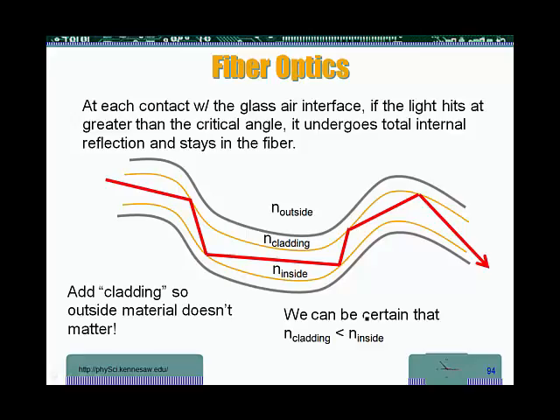Now, fiber optics are going to transmit signals through tubes of glass, essentially, tubes of translucid material.